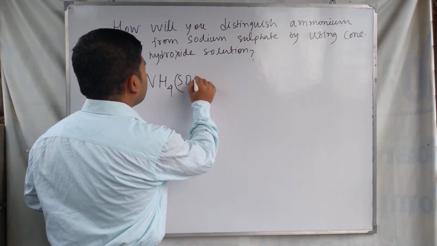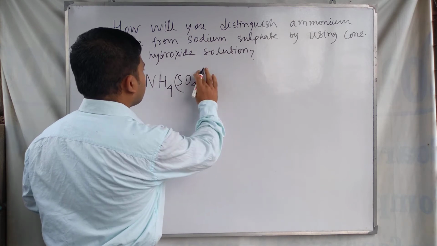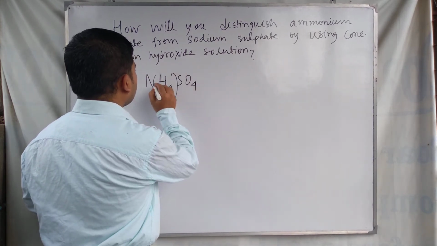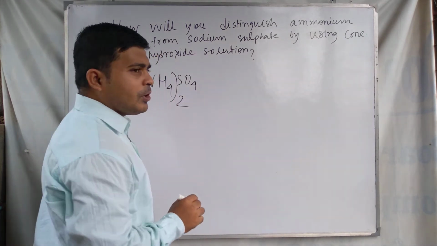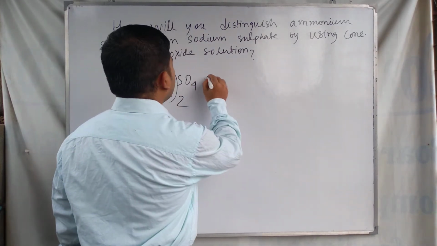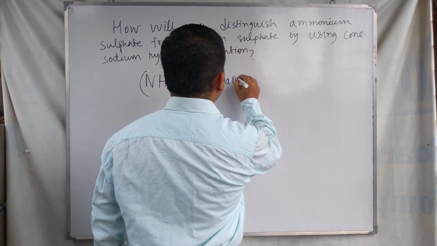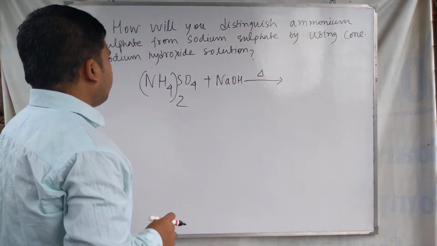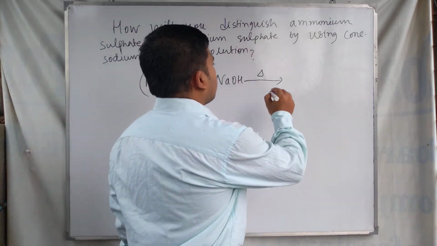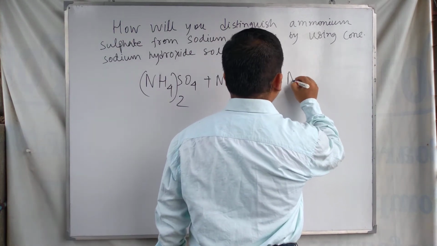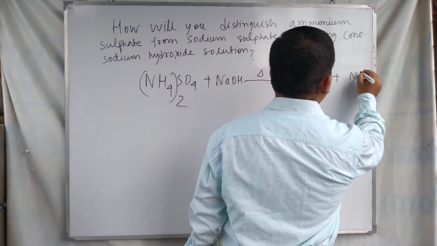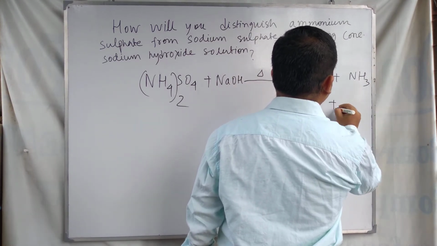Ammonium sulphate, on reaction with sodium hydroxide and in presence of heat, gives Na2SO4 plus NH3 plus water.